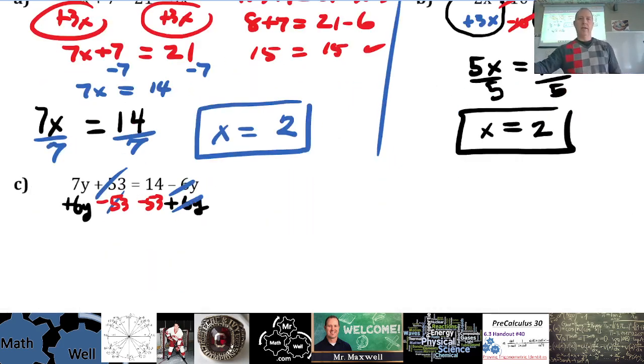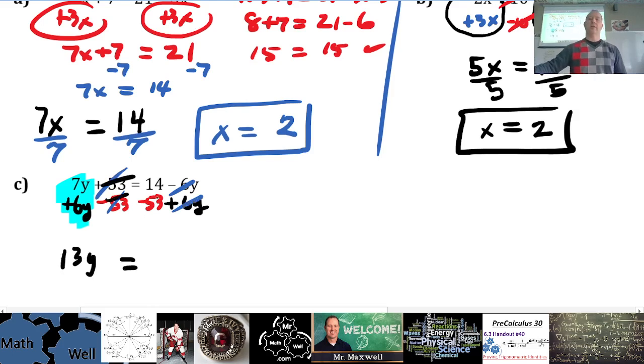And so simplifying here now, I can do the y terms. That's going to be 7y plus 6y is 13y. And these are gone, so that's great. 14 minus 53. Ooh, that's a tough one. What's 14 minus 53? Negative 39. I like that. And then these are gone.